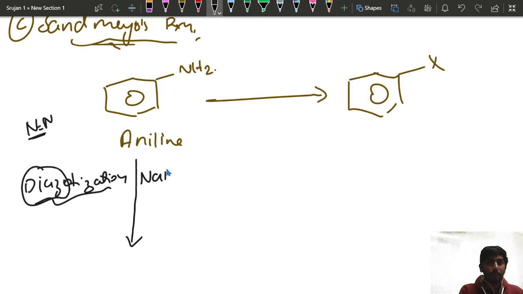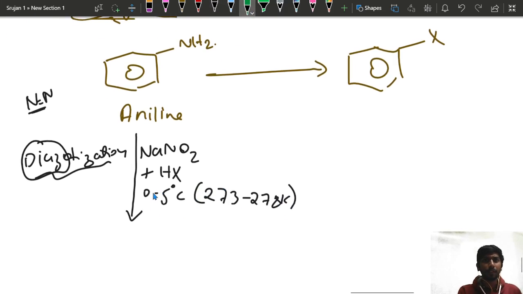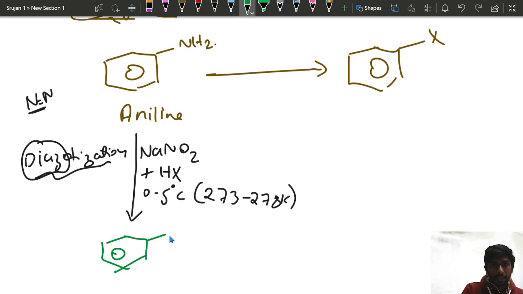When you treat with sodium nitrite, NaNO2, with HX, any hydrogen halide, at 0 to 5 degrees Celsius, or 273 to 278 Kelvin, this is converted into benzene diazonium salt, N2 plus X minus.